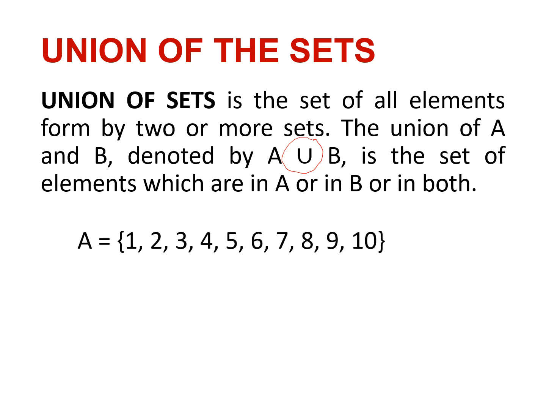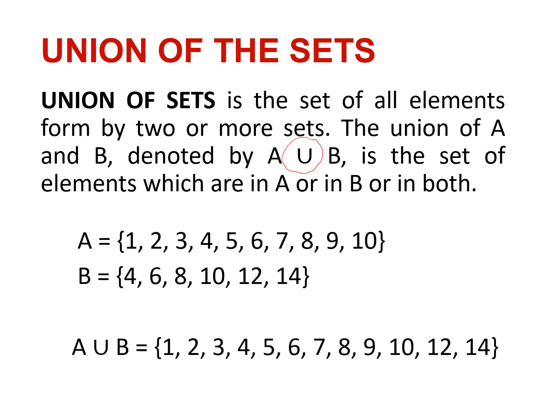Example, suppose you are given set A whose elements are 1, 2, 3, 4, 5, 6, 7, 8, 9, and 10. And we have set B whose elements are 4, 6, 8, 10, 12, 14. So to get the union of set A and B, what we are going to do is just include all the elements of set A and B in the elements of the union.